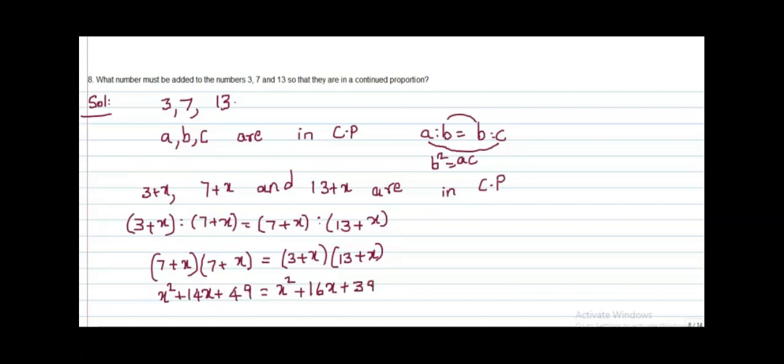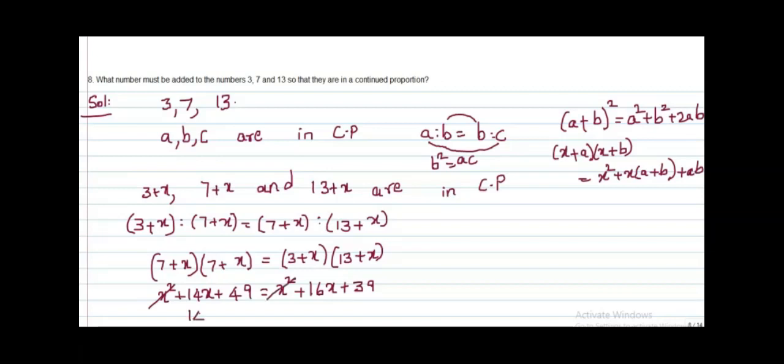Here we have applied two algebraic formulas. To simplify LHS, we have used a plus b whole square, that is a square plus b square plus 2ab. And to simplify RHS, we have used x plus a into x plus b formula. x plus a into x plus b is equal to x square plus x into a plus b plus ab. So now we have x square and x square getting cancelled.